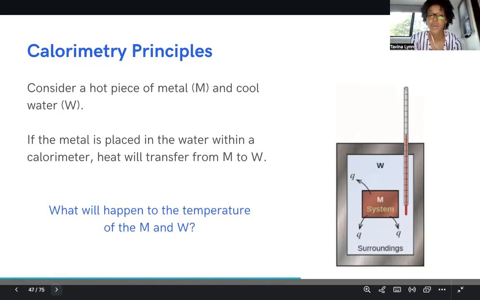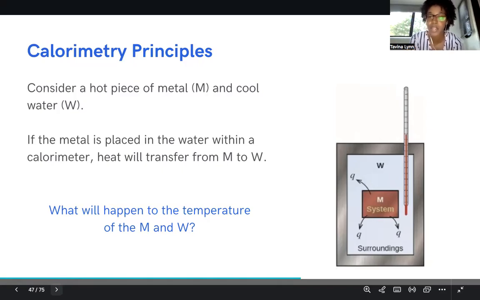Now, based on this, what will happen to the temperature of the metal and the water? You may already know this, it may pop into your head. If not, I want you to pause this video and think about it for a few minutes. Don't look it up.